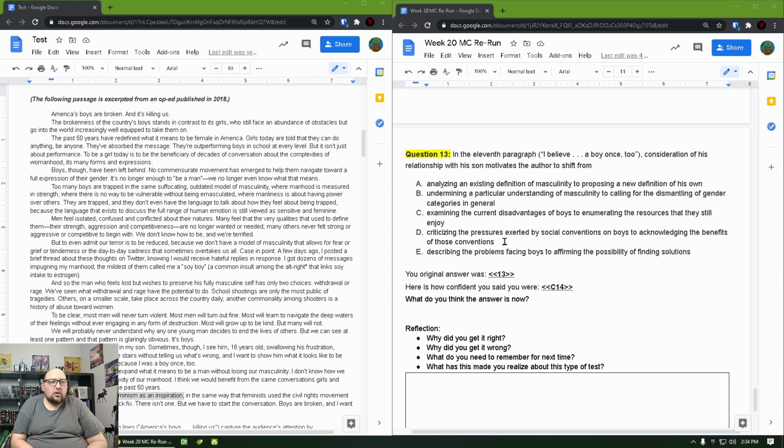C, examining the current disadvantages of boys to enumerate the resources they still enjoy. D, criticizing the pressures exerted by social conventions on boys to acknowledging the benefits of those conventions. And E, describing the problems facing boys to affirming the possibility of finding solutions.